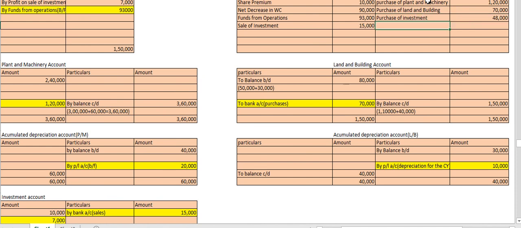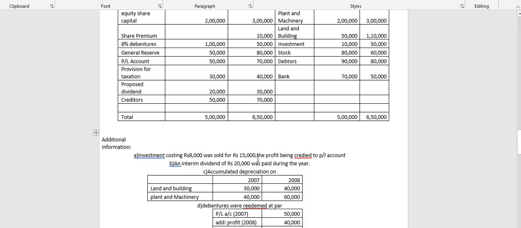And the other item we are supposed to write is the interim dividend that is paid during the year. Interim dividend paid, the amount is 20,000, which is given in your adjustment.